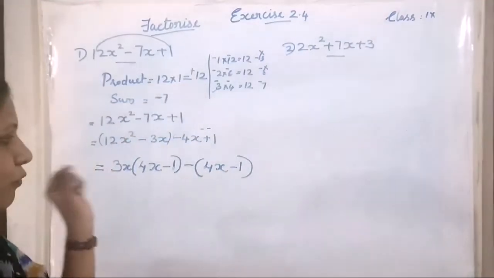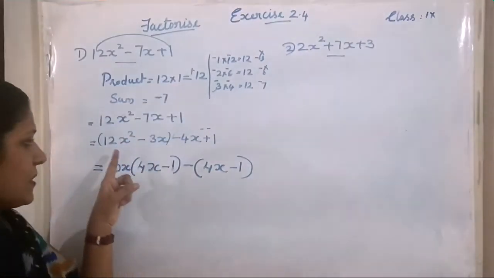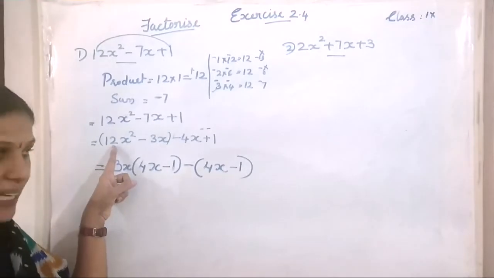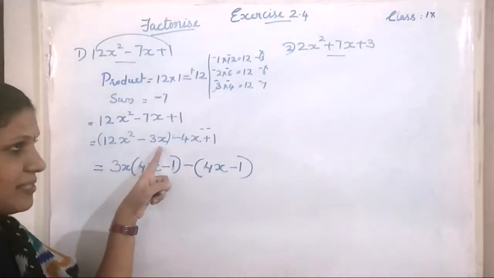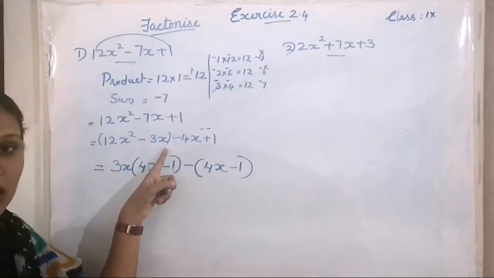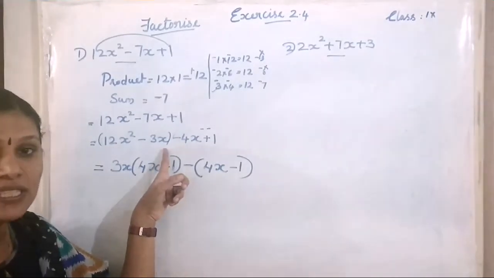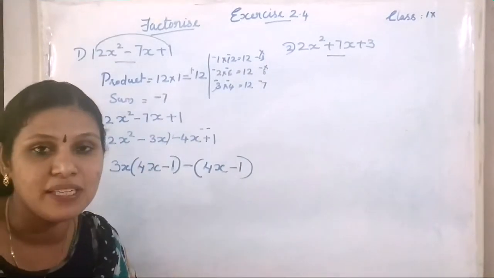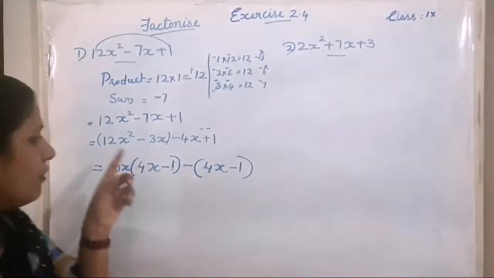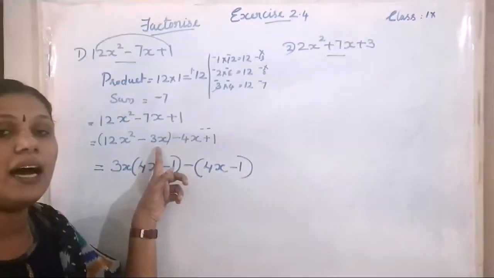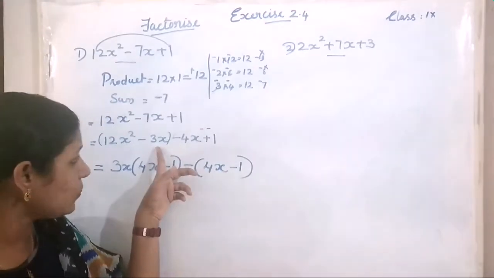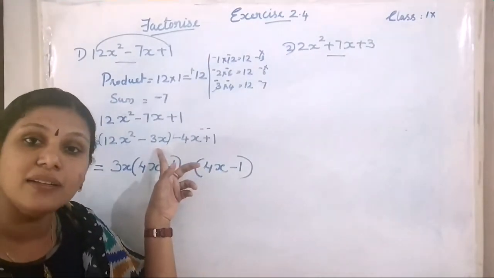Understood, children? Once again, I tell. The first category is 12x square minus 3x. From these 12x square and 3x, which is common, that number we take outside. Okay. From 12 and 3, the two numbers are coming from which table? 3's table.